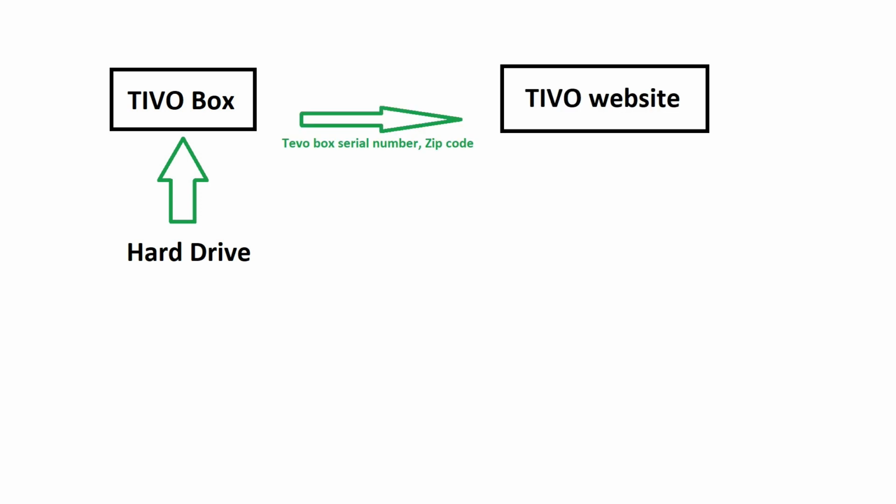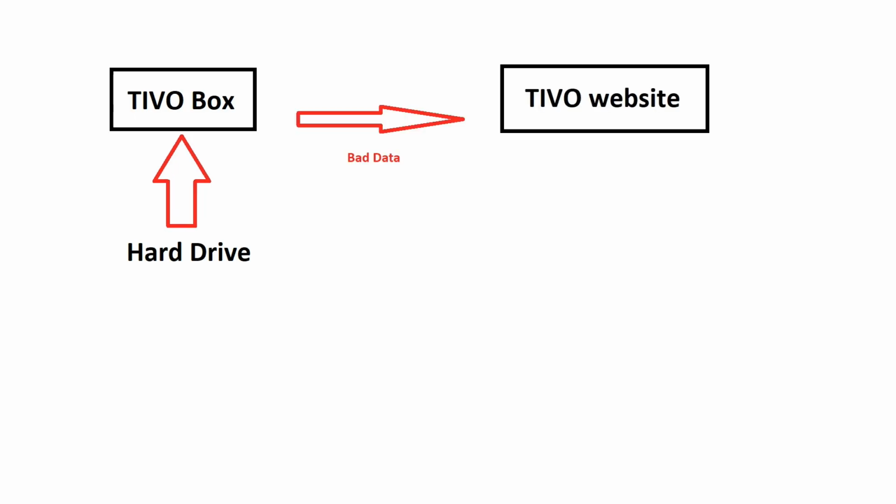So what's going on here is when the TiVo box is working normally, it retrieves data from the hard drive. It uses this information and sends it to the TiVo website. And then the website responds back with the time, date, and programming guides.